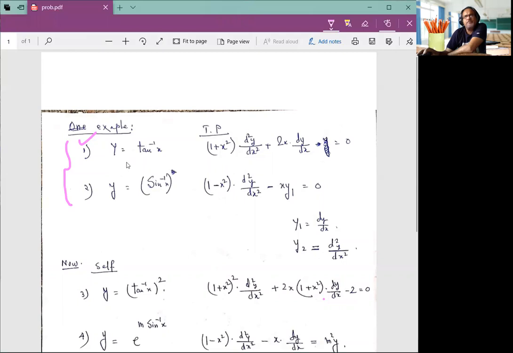So here you see y is equal to tan inverse x. And you have to prove this thing: 1 plus x square multiplied by d2y by dx2. Now you see y1 is nothing but dy by dx.